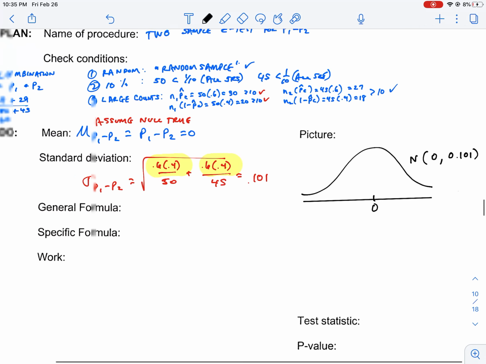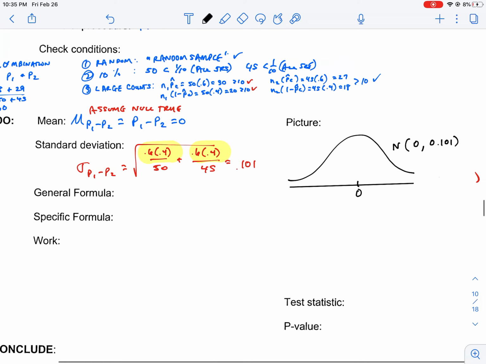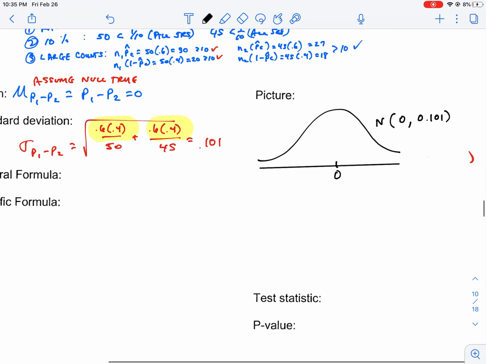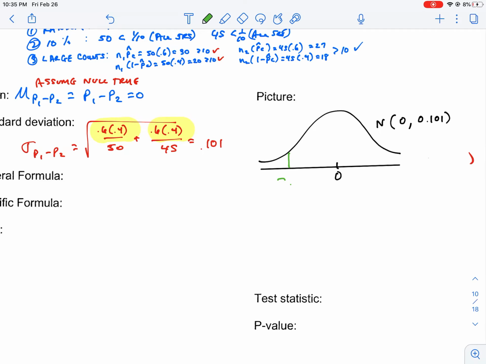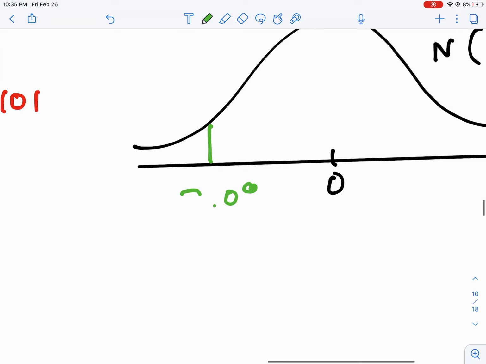Well, we also need to jump down and find a z-score that's going to help us represent. And just to help us out as we're thinking about this, let me draw in where our actual value is, right? Because the difference that we observed in our two samples was negative 0.08.